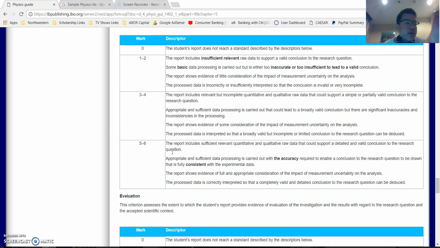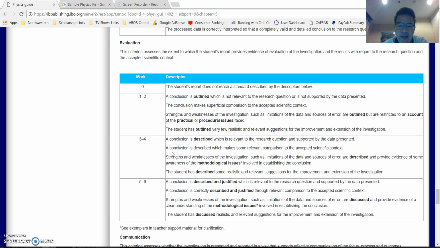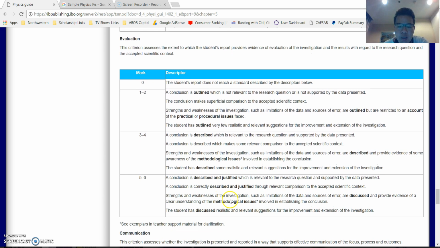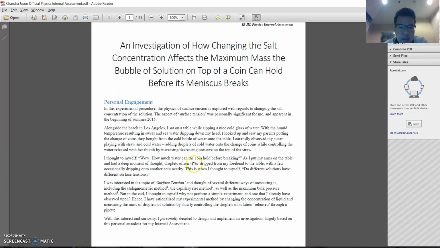You just have to answer your hypothesis and give the science behind everything. And if you don't understand it, then don't put it down. Make sure you understand what you're writing. And the evaluation should be pretty clear too. So a conclusion, what happens, strengths and weaknesses, and realistic suggestions and improvement, quantitatively and qualitatively. I think hopefully that's it.